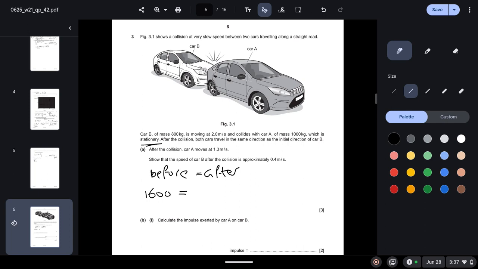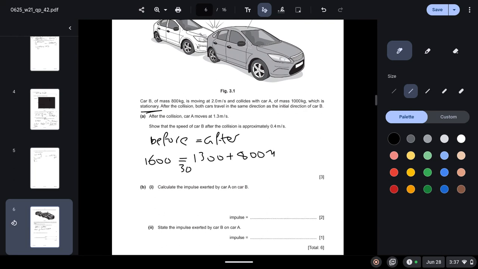So the total momentum of car A after the collision is 1000 times 1.3, so 1300, plus the momentum of car B, which would be 800 times the speed, which we'll take as x. So we have 300 over 800 is equal to x. So we get 0.375, which rounded off is 0.4, which we had to show.